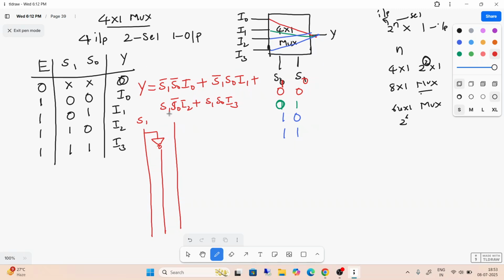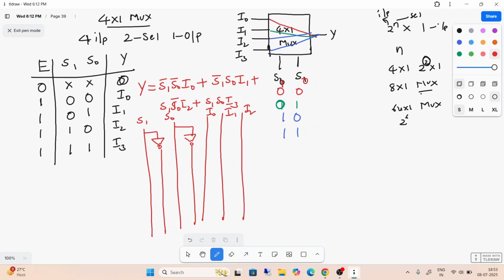S1 and S0, and S0 is also connected with an inverter. The inputs are I0, I1, I2, and I3. First, S1 bar, S0 bar, and I0 are connected with an AND gate.